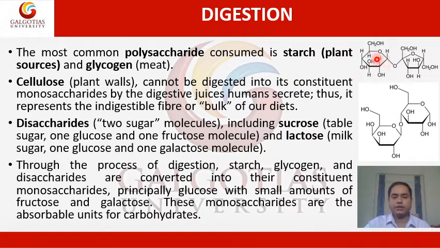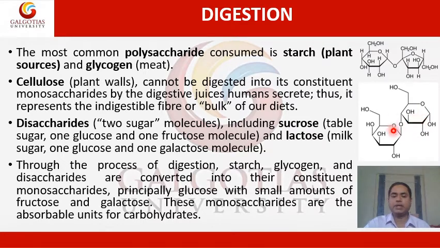It has one sugar named glucose and another sugar molecule, that is fructose. Lactose is also called milk sugar. It also has one molecule of glucose and another molecule of galactose.